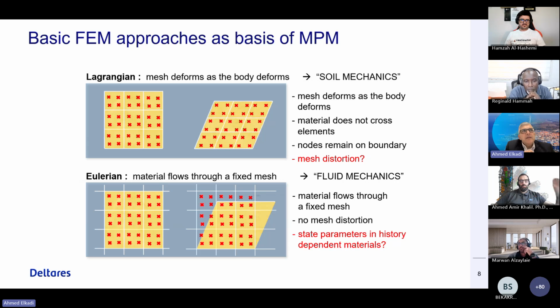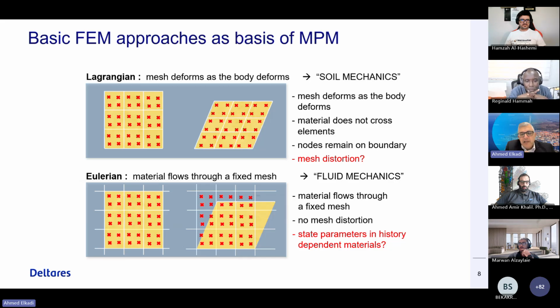If we have a load step in our solution, we can solve the equations at the integration points of the finite element mesh as we know it, and then all this information is transferred to the particles that are inside these elements.